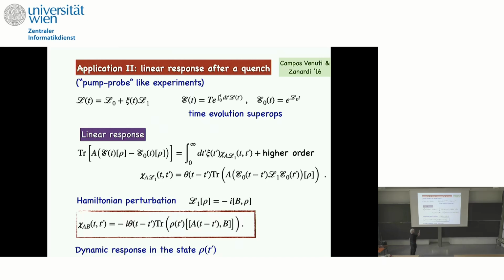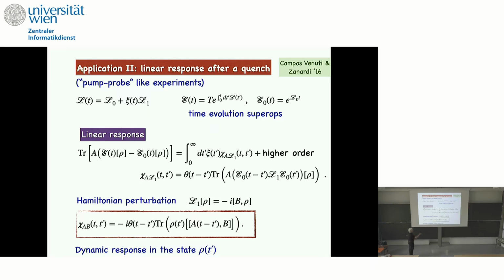Okay, what is linear response? You look at the expectation value of some operator in the time-evolved density matrix, time-evolved with a perturbation, and you subtract from that the expectation value of the same observable time-evolved with the unperturbed system. So that's the change in the expectation value of the operator A due to the perturbation.